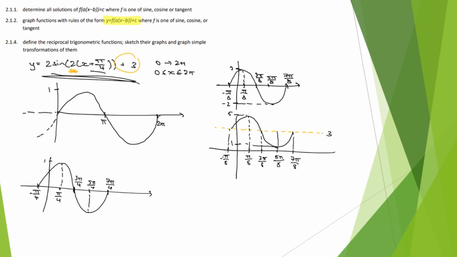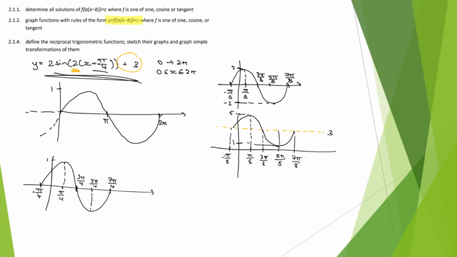The really key important thing when you're doing this is thinking about the order of operations. So for example, 2(x + pi on 4), with the pi on 4 within the brackets, is different to 2x + pi on 4. If you have 2x + pi on 4, the order of operations is first you do this horizontal dilation by a factor of 1/2, and then you do this translation or phase shift of pi on 4 units to the left. So the order of operations matters.